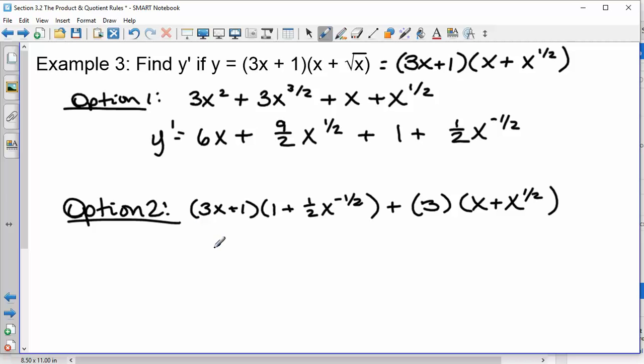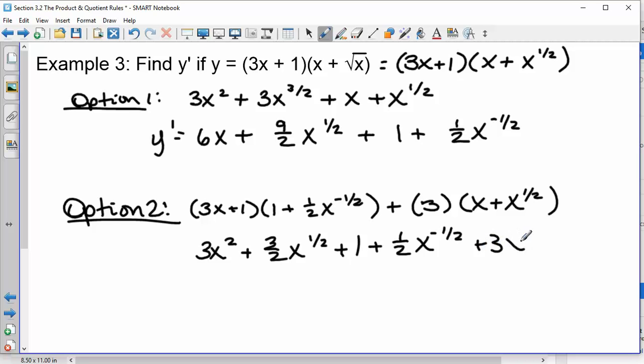And so if you chose to, then you could FOIL this out and simplify. Look to see if we have any like terms, and we do. The x to the 1/2, if you add those, you get 9/2 x to the 1/2.